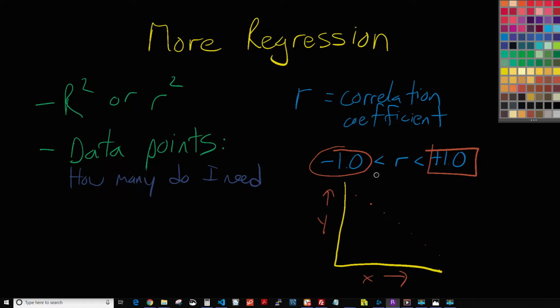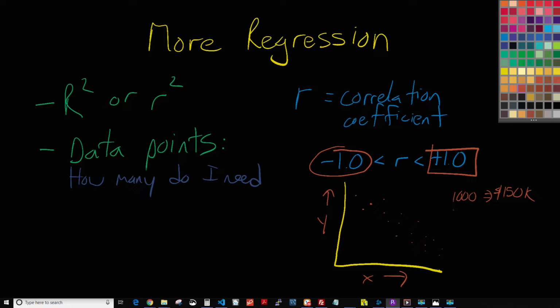Now, to talk about reality for a minute, this almost never happens in real life. What we have more often is that sometimes you go up or down, and your overall trend might be down, but it's not perfect, because sometimes it goes up as you go to the right and sometimes it goes down. For example, you might have a house with 1,000 square feet that sold for, let's say, 150,000.